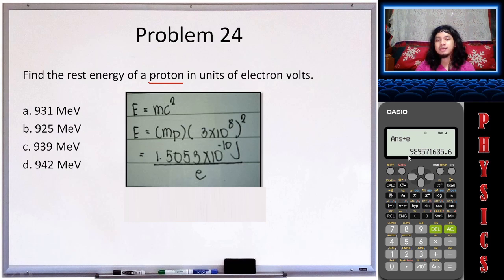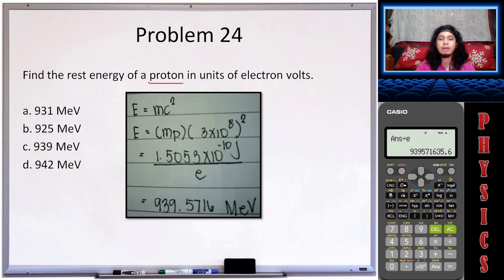And the answer is 939.5716 mega electron volt. So, most of the time po, ang unit ng energy kapag ganitong mga problem ay electron volt. Bakit, sir? Kasi napakaliit naman kasi kung babalikan natin yung naging sagot, times 10 to the negative 10 joules, napakaliit.